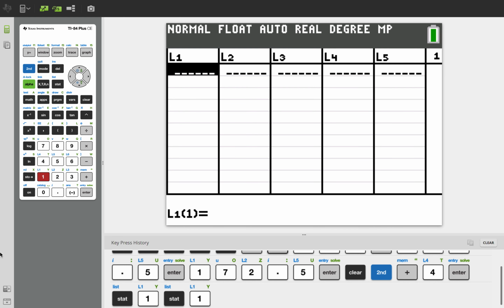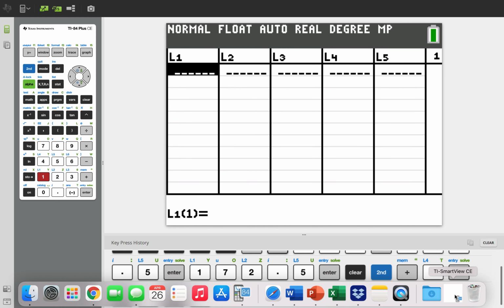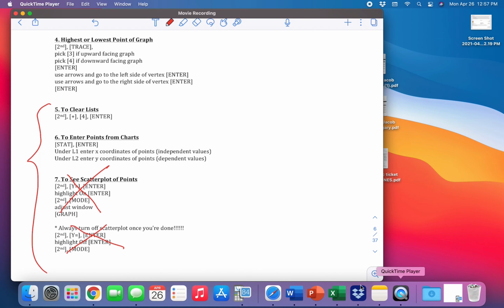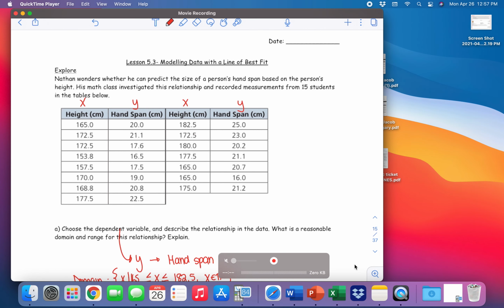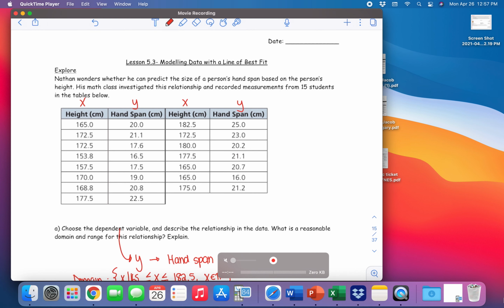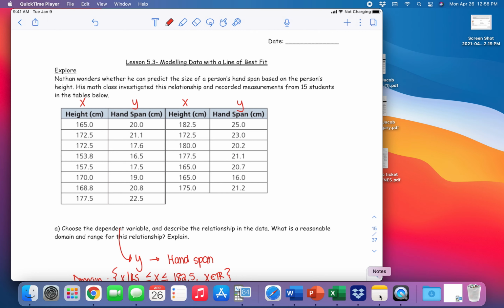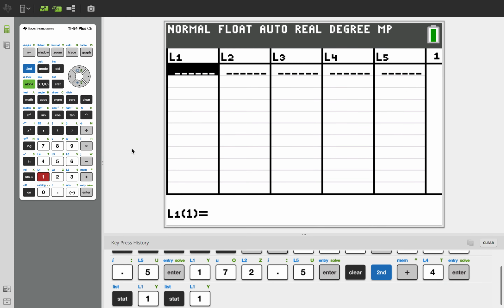So what we're going to be doing is entering all these values, so we're going to go back to our original data. This is our data that we had. We're going to enter all the x coordinates, which are the heights, into L1, and all the handspans in order into your L2s. Okay, so that's what we're going to do right now. You can follow along and use that to do it.